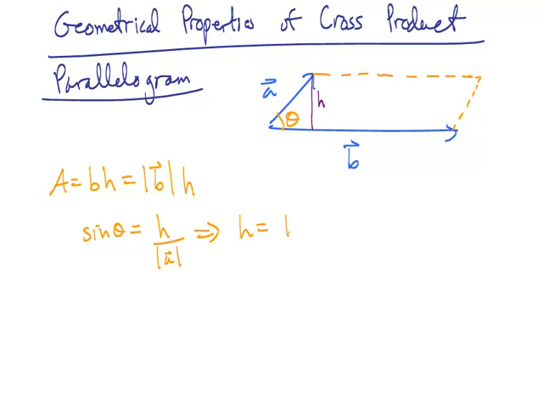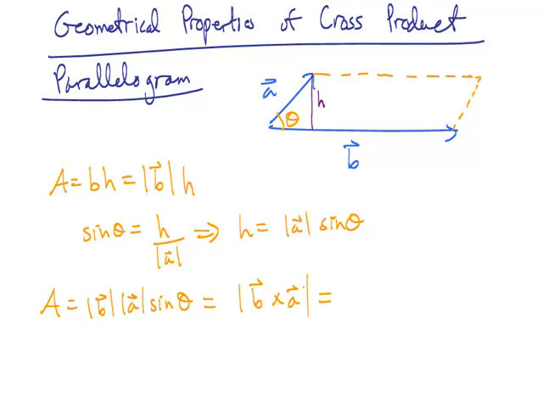And so h itself is equal to the magnitude of A times the sine of theta. So the area then of that parallelogram is the magnitude of B times h, which is the magnitude of A times the sine of theta, which is exactly equal to the magnitude of B cross A.